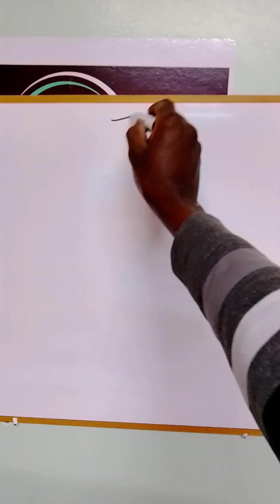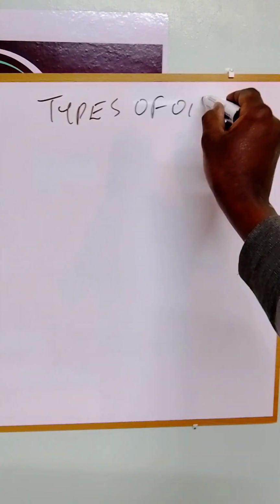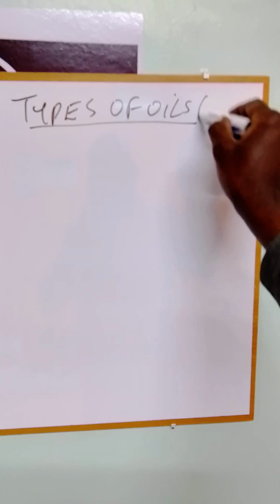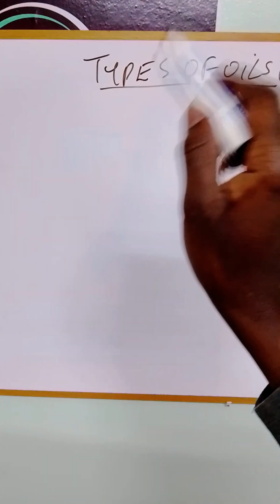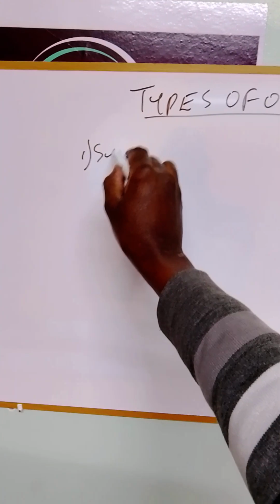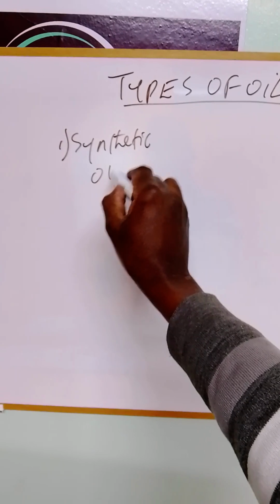And number 1, we're going to discuss the types of oils. So here we are talking about engine oils. Basically we have 3 types. Number 1 is the synthetic oils.